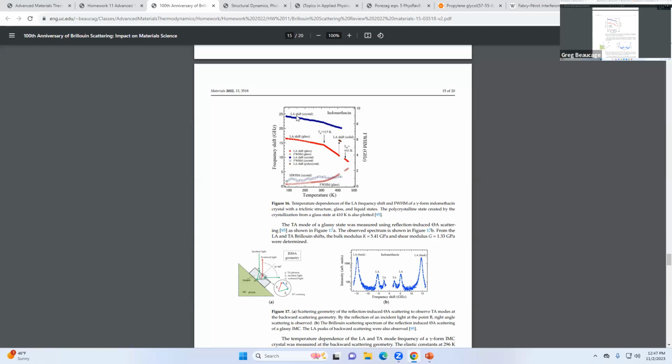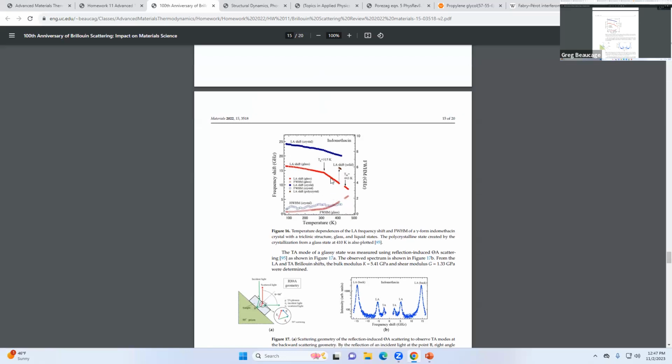But he's got the crystalline one has a higher frequency than the amorphous one. In other words, it's kind of stiffer, I guess. But the breadth of the peak, the half width at half max, of the crystalline one is larger than the amorphous one. So this half width means something different than the peak height.